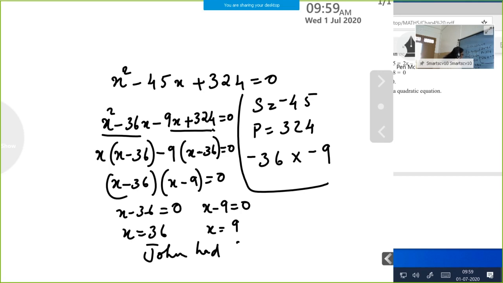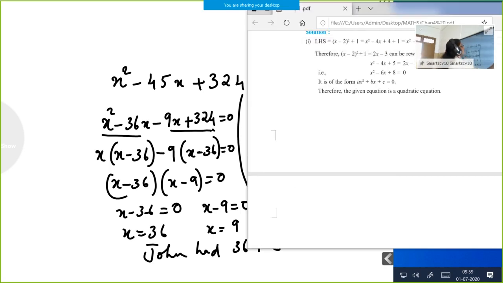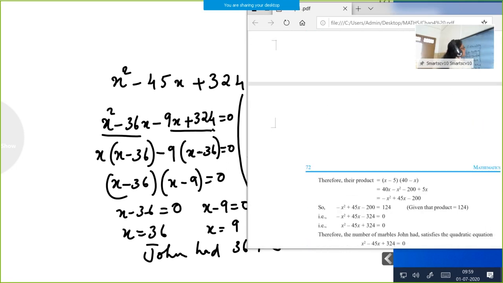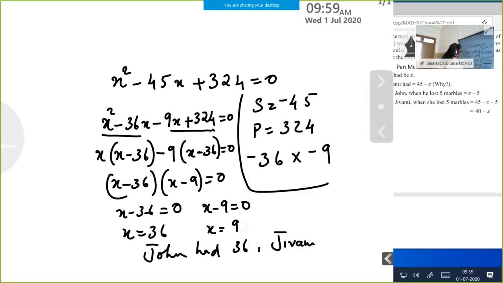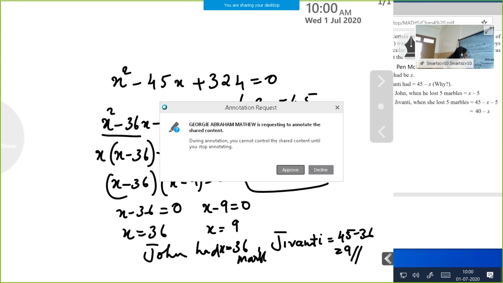John had 36 marbles, Jivandi is equal to 45 minus 36, which is 9 marbles.